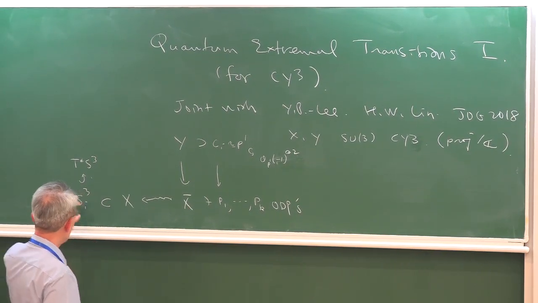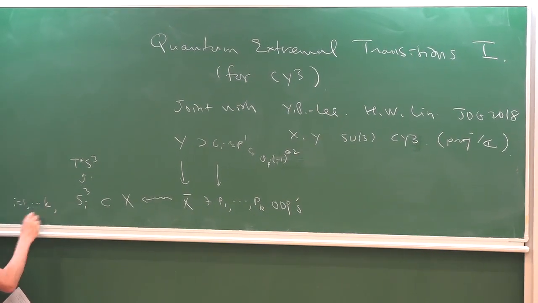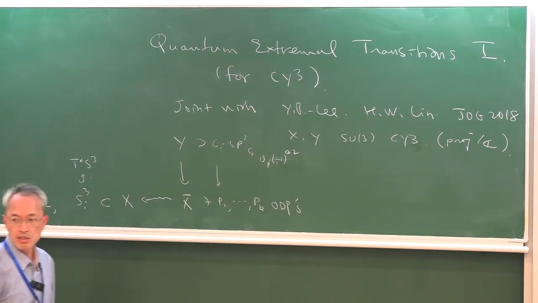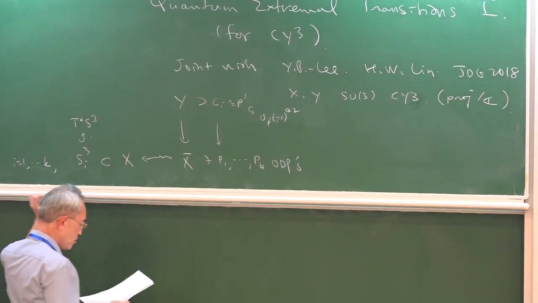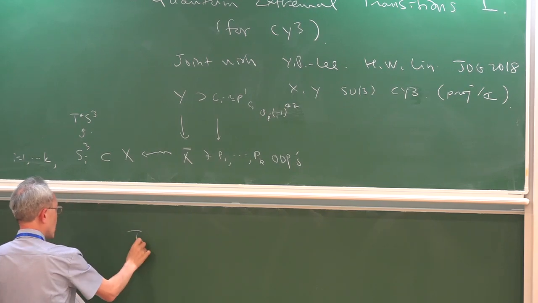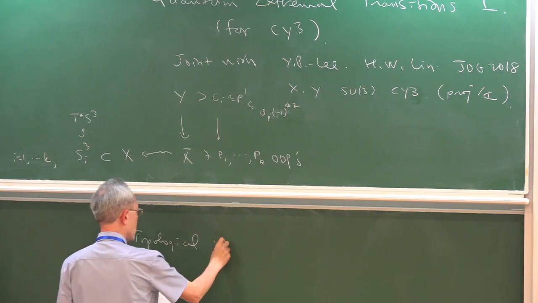You have k cycles here, and you also have k rational curves here, but they are not independent. There are relations between them. So let's write down the topological constraint.